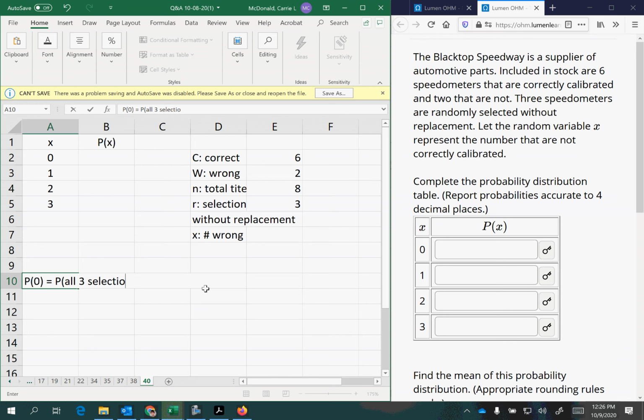So we can write it both ways. None wrong, no W's. Or another way of saying that is all correct.